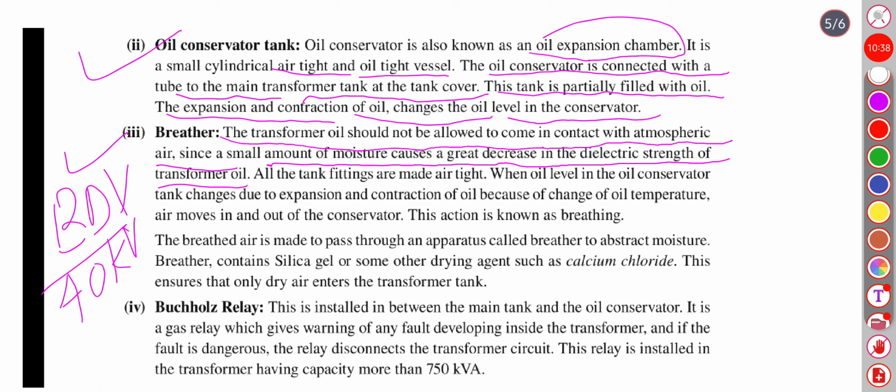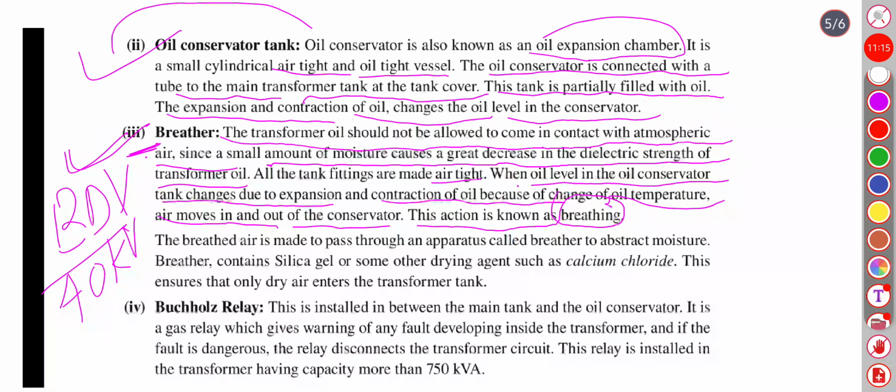All the tank fittings are made airtight. When oil level in the oil conservator tank changes due to expansion and contraction of oil because of the changes of oil temperature, air moves in and out of the conservator. This action is known as breathing. That's why this breather is connected through the pipe with this oil conservator tank.